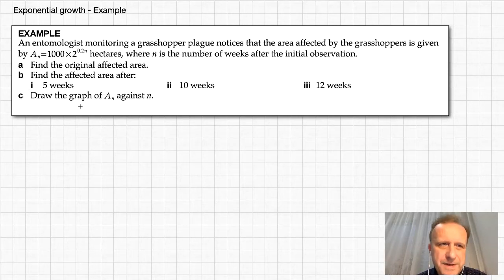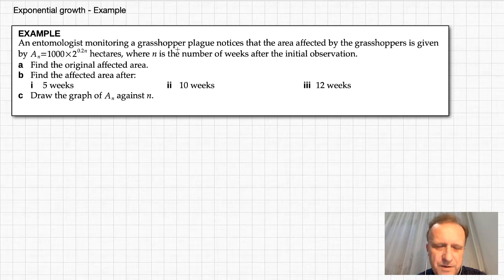Exponential growth example. An entomologist monitoring a grasshopper plague notices that the area affected by the grasshoppers is given by the formula a sub n equals 1000 times 2 to the power of 0.2 times n hectares, where n is the number of weeks after the initial observation.